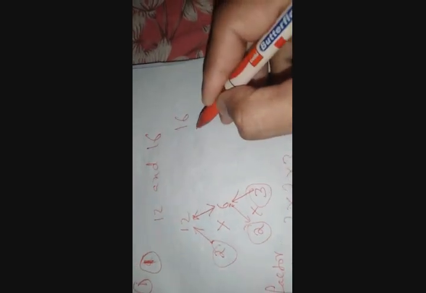Now we'll do 16. First we divide it by 2 and get 8. Then we divide again by 2 and get 4. Again we divide by 2 and get 2.